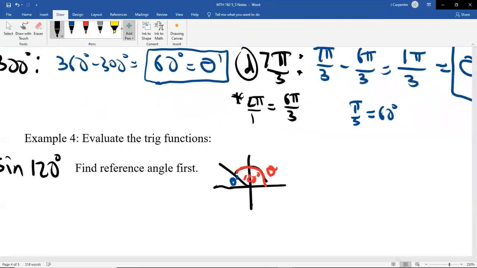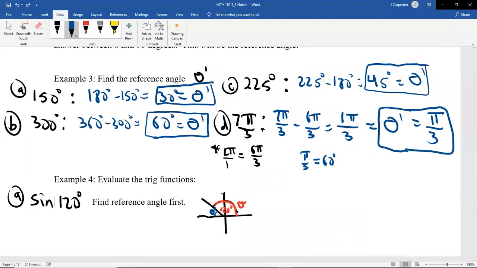So this would be the reference angle because we're swinging to the terminal side from a positive x-axis. Again, if you swung this way, you're using the y-axis, and you don't ever use the y-axis for reference angles. So this looks like the 180 minus situation. If you try to do 120 minus 180, you'd get a negative answer.